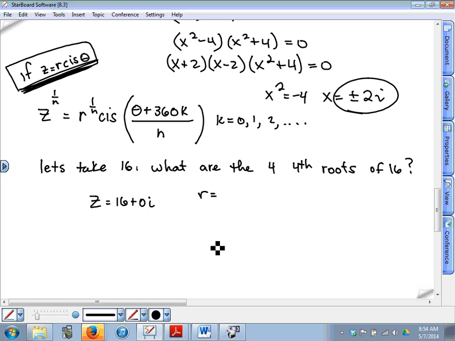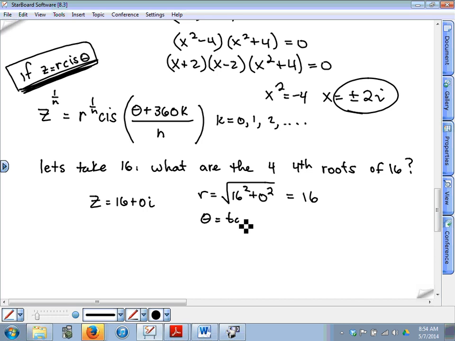So we need to find r, we need to find theta. So how do we find r? Exactly, it's the square root of a squared, which is 16 squared, plus b squared, which is 0. The square root of 16 squared is 16. So r is just 16.